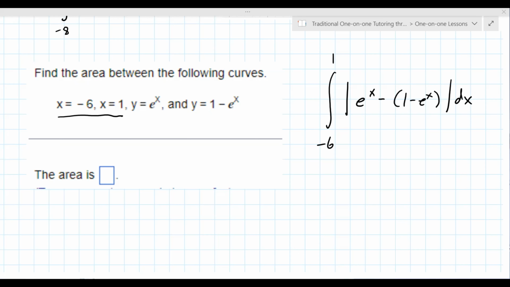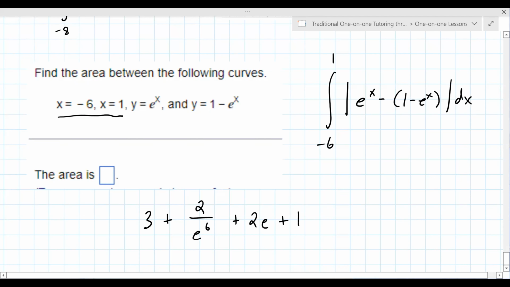So I don't like this answer. Oh, I'm sorry, it did simplify. 3 plus 2 over e to the 6th plus 2 times e plus the natural log of 4.